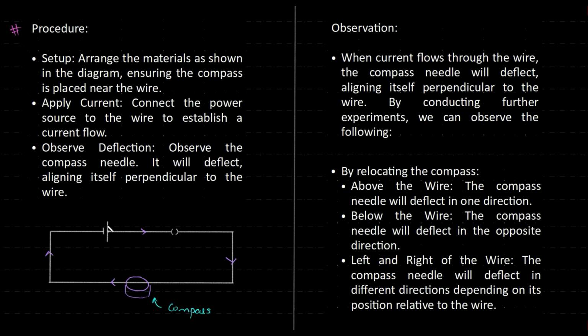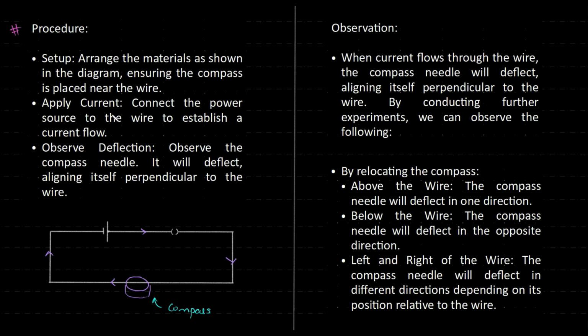When he increased the strength or voltage, it deflected more. When he reduced it, it deflected less. When he switched the direction, instead of going to the right, it went to the left. The point is, whatever changes he made, some other things kept happening over here.